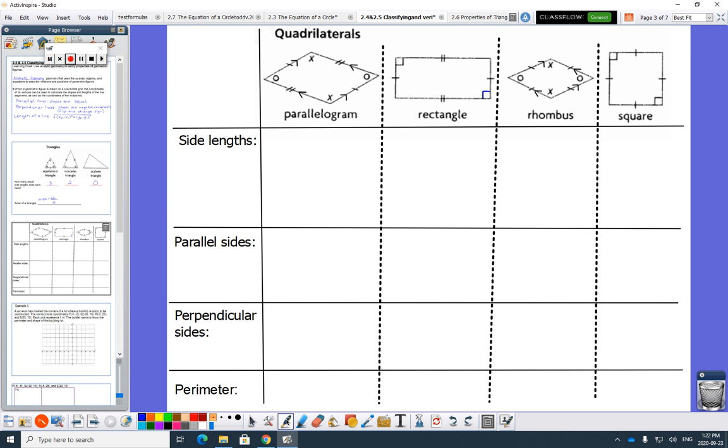So the sides are indicated by the lines. This tells you whether it's parallel, okay? Now, if you're asked to draw it, those marks aren't going to be on there. A parallelogram is unique because the opposite side lengths are equal.